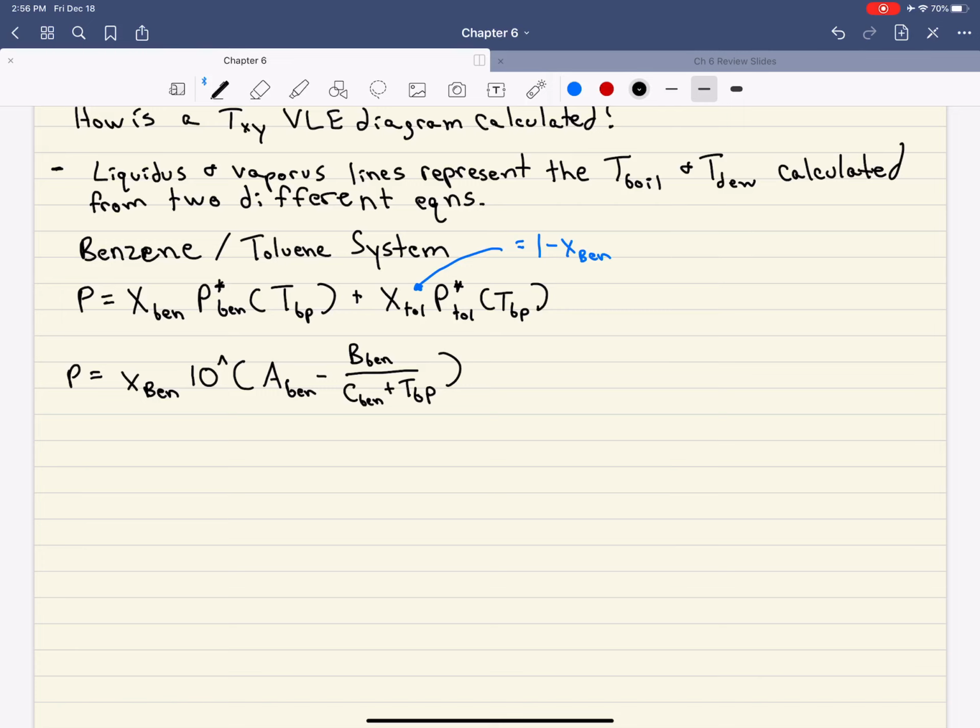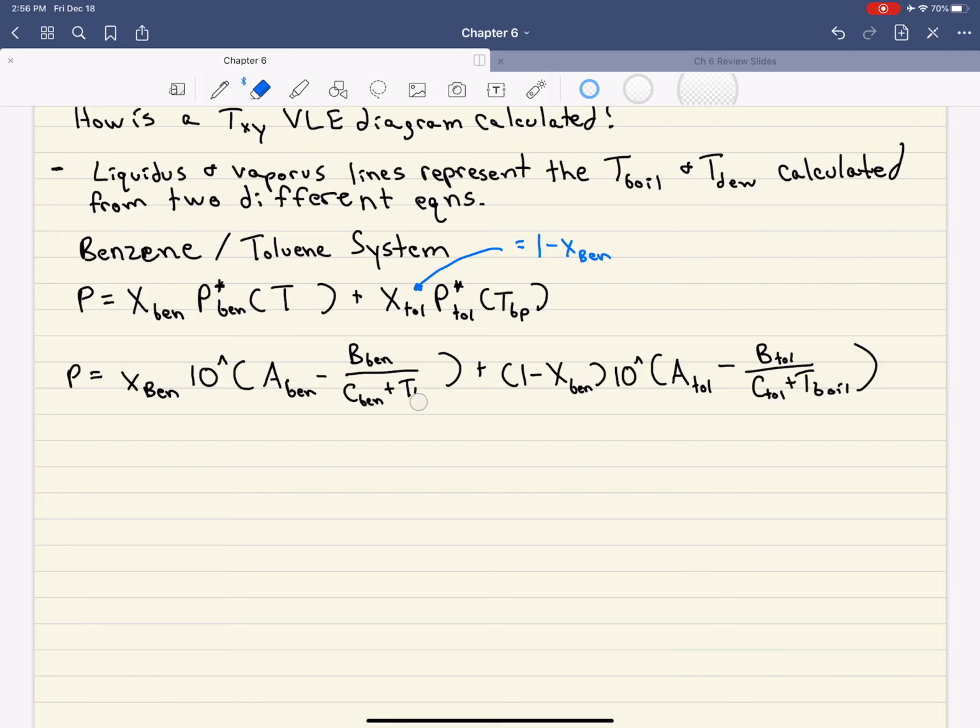All right, and then now I have the right-hand side, 10 to the, which is going to correspond to all the toluene parameters. Let me correct this just so I have consistent notation everywhere. Boil, boil, boil. Okay?